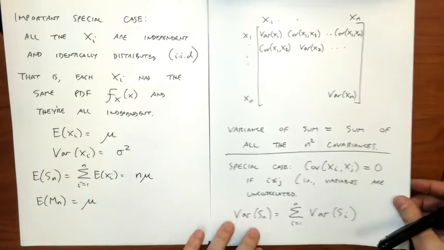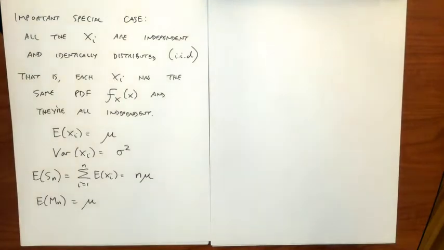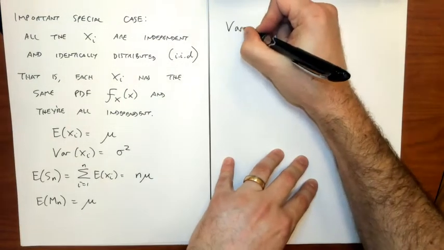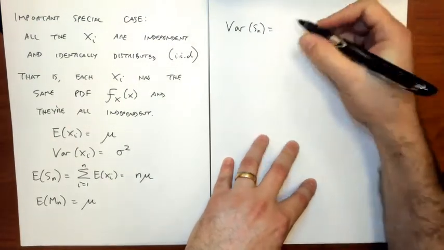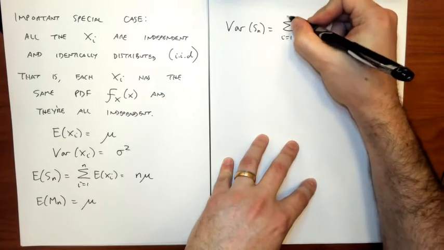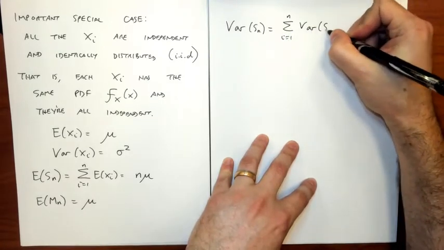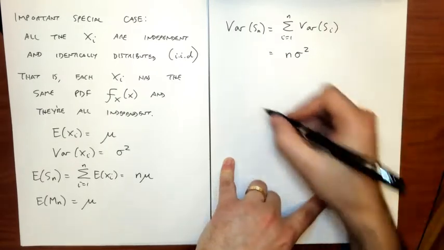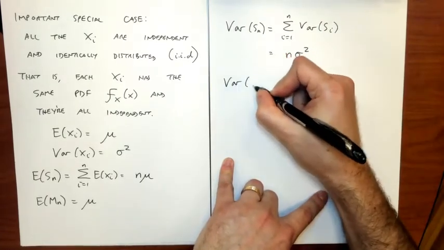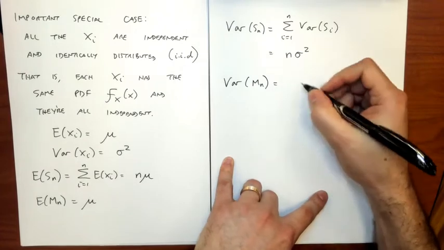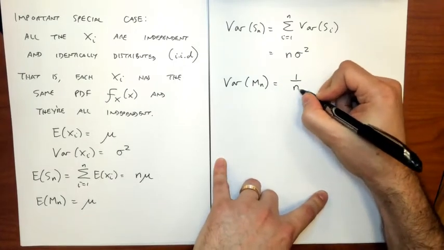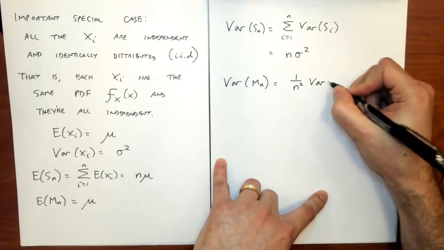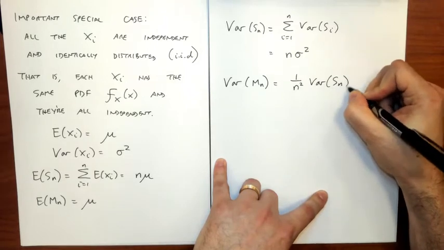And how about the variances? The variance of the sum, we just said, would be the sum of the variances, since these are all independent, which means I have n times sigma squared. And now what is the variance of the mean? The variance of the mean is going to be 1 over n squared times the variance of the sum, right?